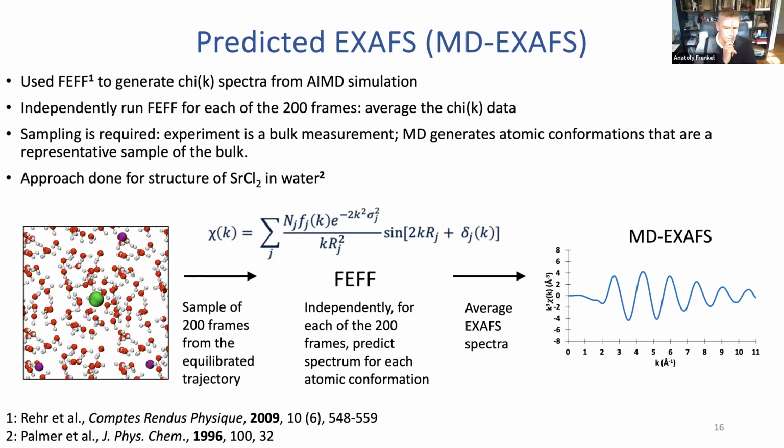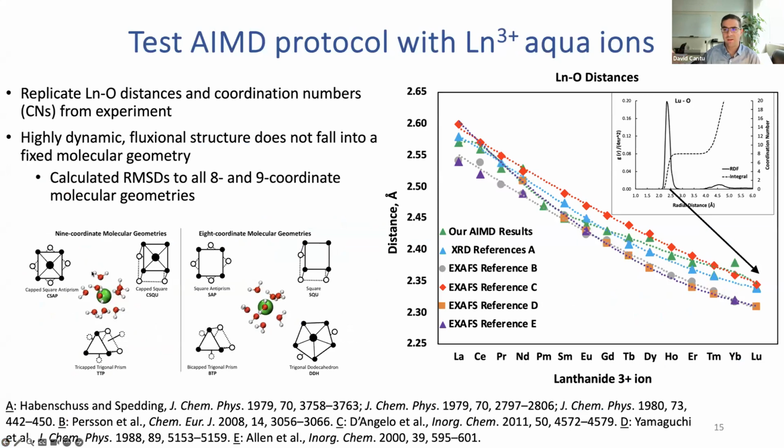So in the 10 picosecond time frame, we don't see changes in coordination number, but we see changes in the geometry. So we might have more than 1 or 2 changes between, for example, the capped square antiprism and the trigonal prism.